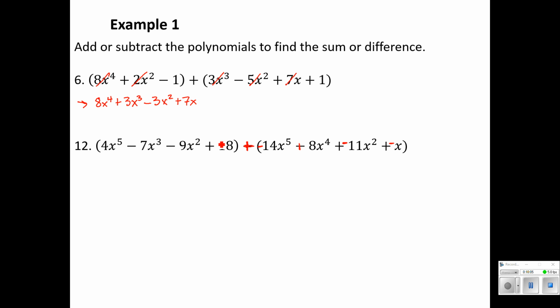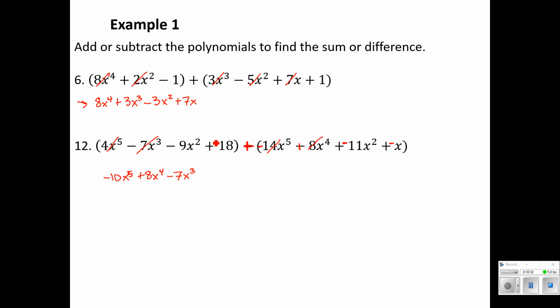The highest exponent I see is x to the fifth. I've got positive 4x to the fifth and negative 14x to the fifth. Combine those together, negative 10x to the fifth. All right, fourth powers, I've got positive 8x to the fourth. X cubes, I've got negative 7x cubed.